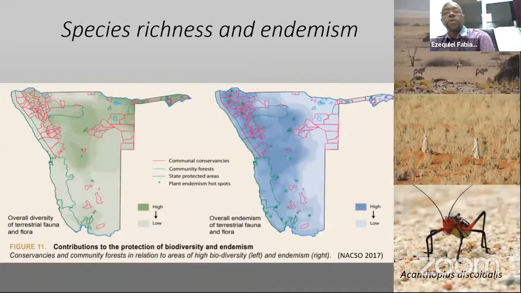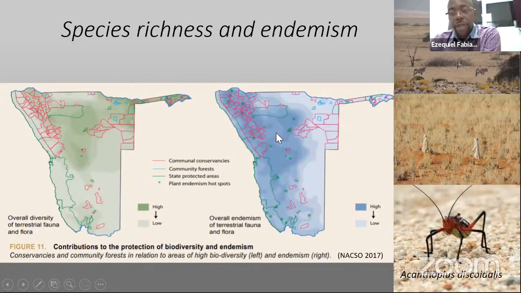From a biological perspective, the country is very rich, with high biological diversity, both in terms of species richness and in terms of endemism. The graph on my left gives an overall picture of the diversity of terrestrial fauna and flora.